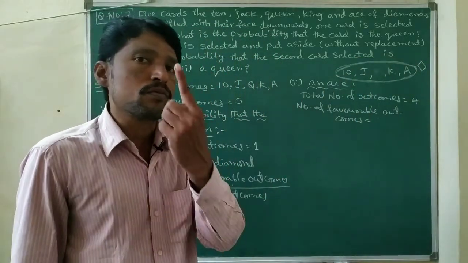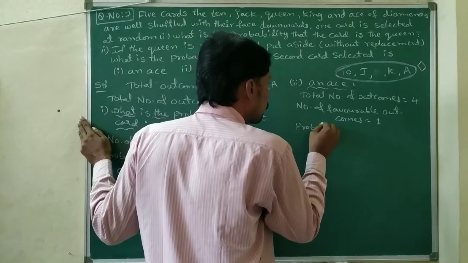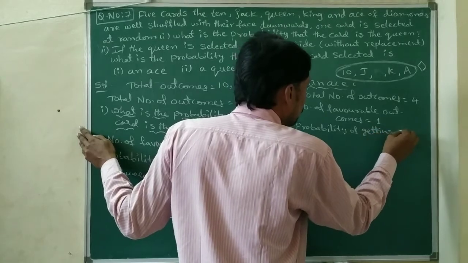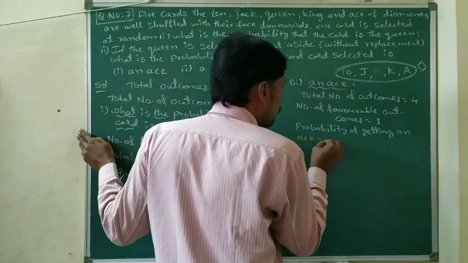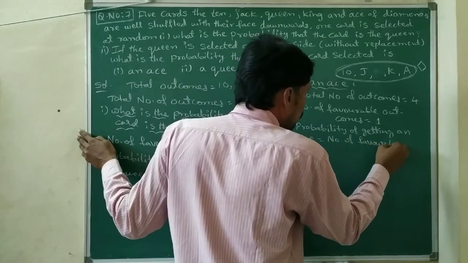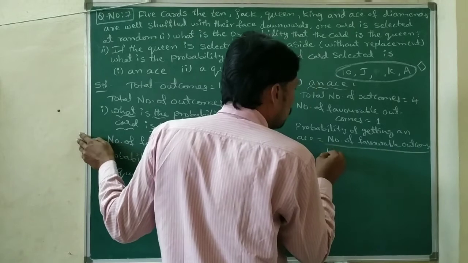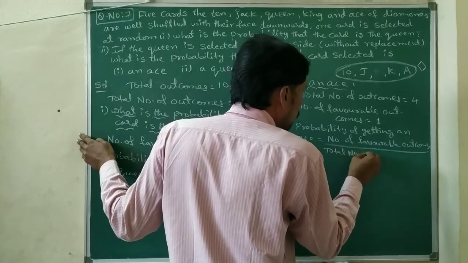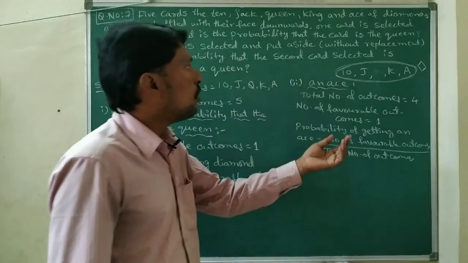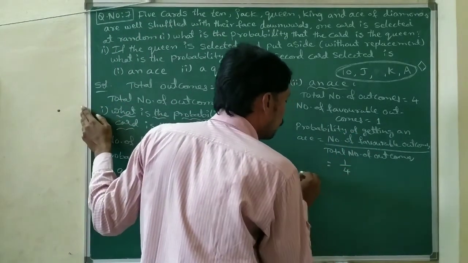Only number of favorable outcomes we can get, only 1. So probability of getting an ace equals number of favorable outcomes by total number of outcomes. Number of favorable outcomes here we got 1. Total outcomes will be 4, means 1 by 4.